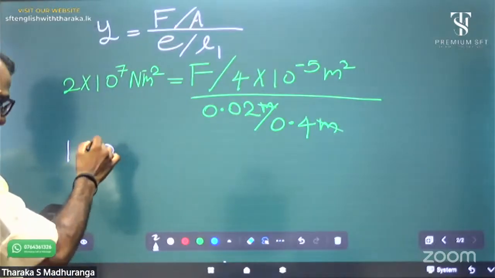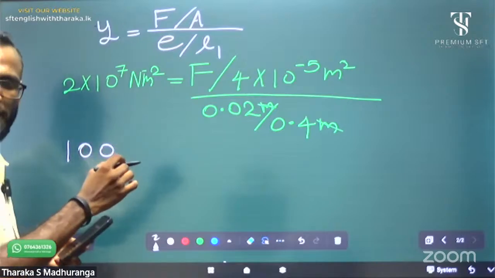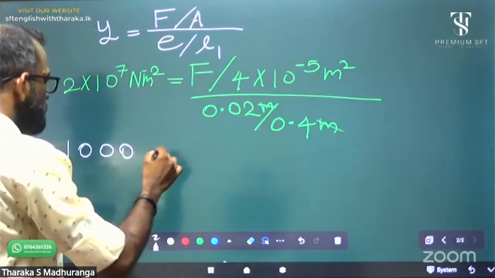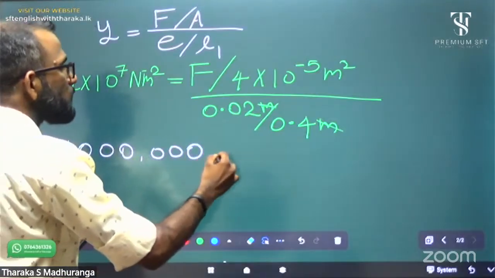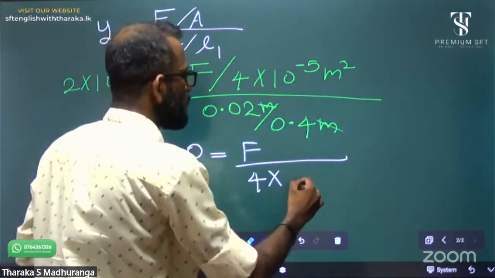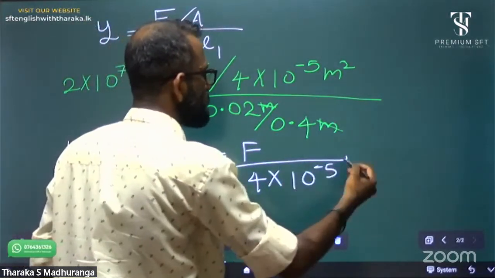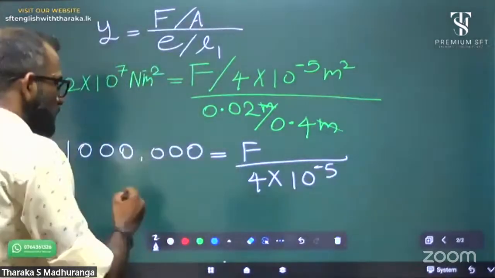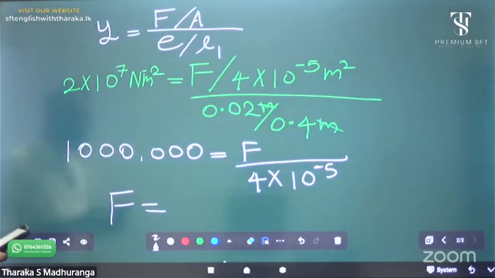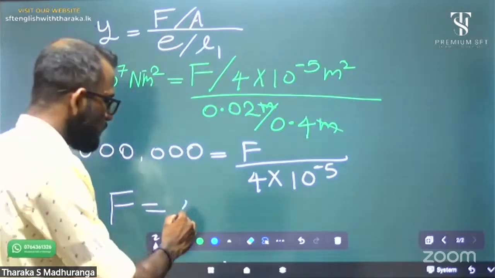It is 1 million, right? Multiply this side. F over 4 into 10 to the power minus 5. F equals 40 Newton.